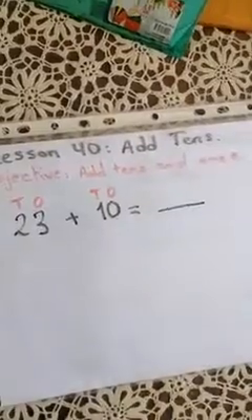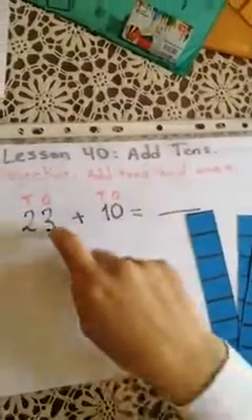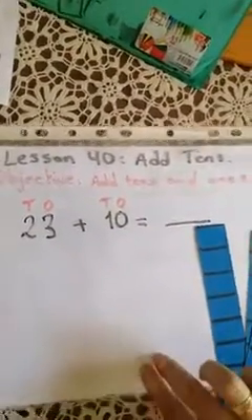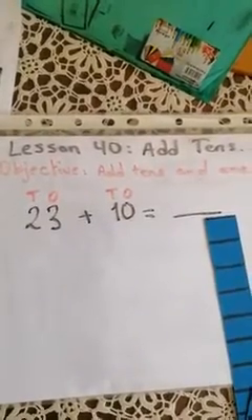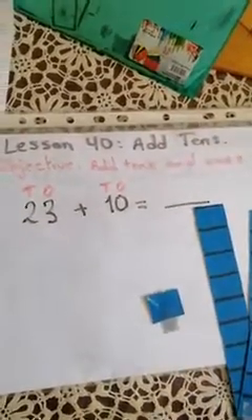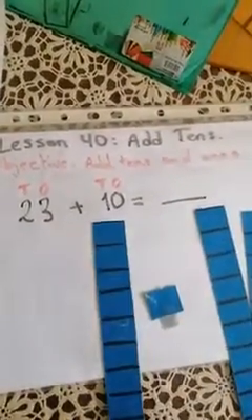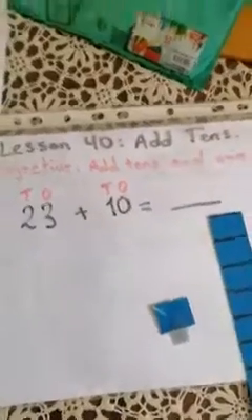Now I will get the tens and the ones squares in order to represent this number. We will start with the ones. So how many ones? We have 3 ones. The squares represent the ones. Who remembers? For sure the squares represent the ones.